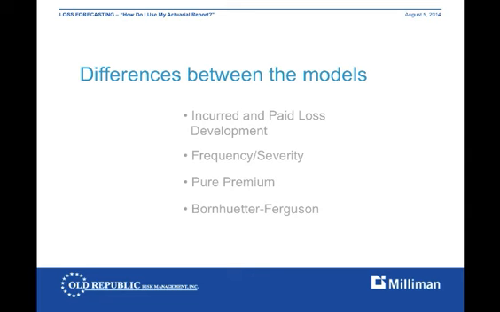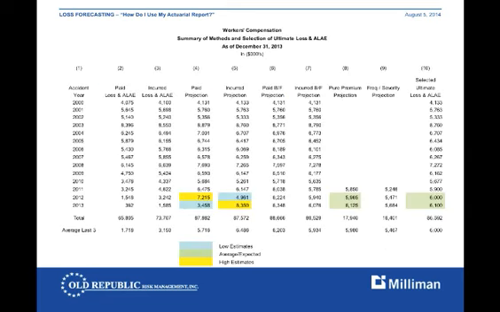So the next exhibit shows a typical display of the various methods we discussed: the incurred loss method, the paid loss development method, the Bornhuetter-Ferguson projections, and then the pure premium and frequency severity projections. And the very last column here displays what an actuary may select for an ultimate loss indication.